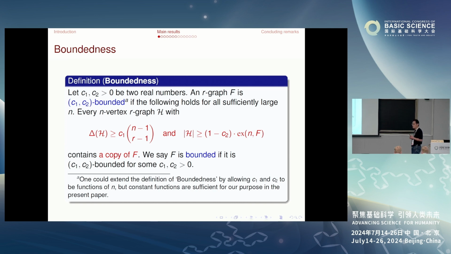This means that the extremal graphs of F have small maximum degree. I mean that they are almost regular.